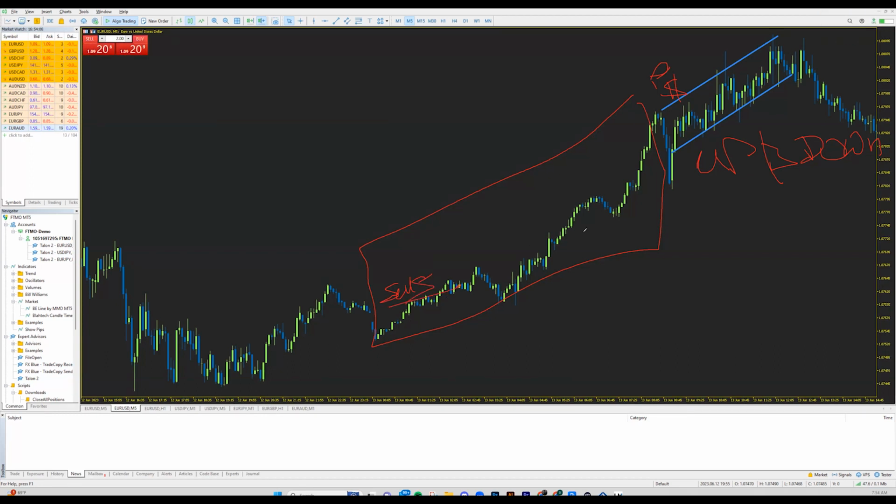Does that make sense? So the difference between a marching market and a channel market is basically that you can make money on the up and down movement inside of a channel.